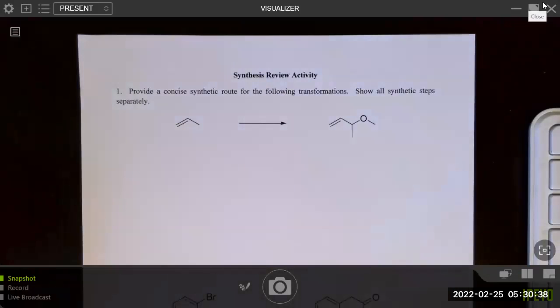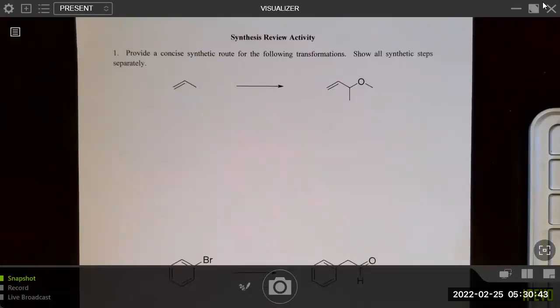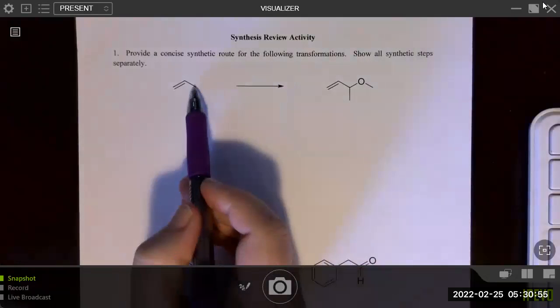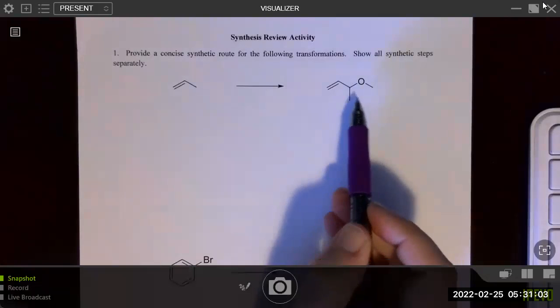All right, so we have: provide a concise synthetic route for the following transformations. Show all synthetic steps separately. For this one, it looks like we want to functionalize this position, and maybe we can eventually do a Grignard to add another carbon here.